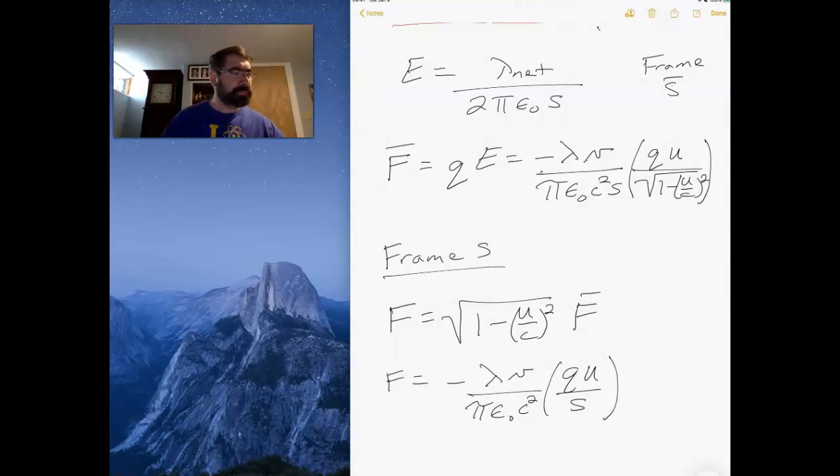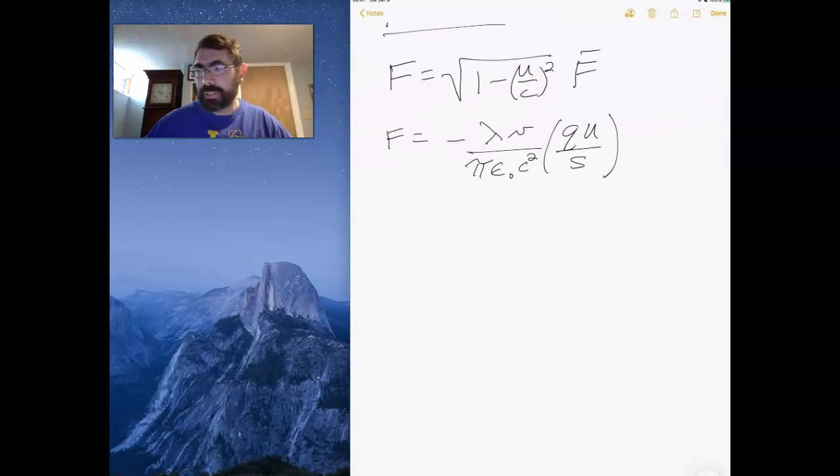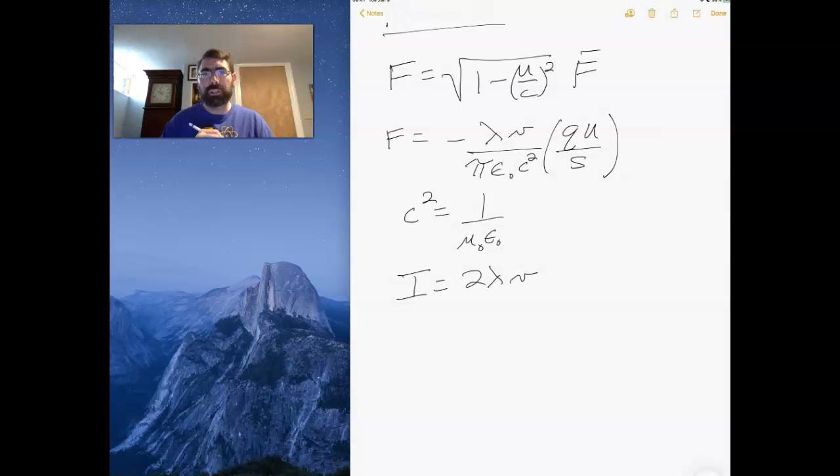Now, if you remember that the speed of light c squared is 1 over mu naught epsilon naught, and the current is 2 times the charge density times the velocity, then lambda v is current over 2.